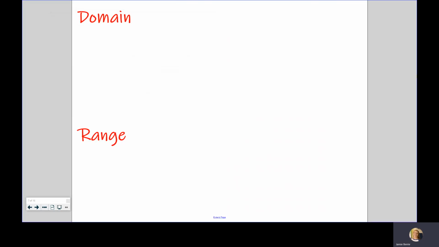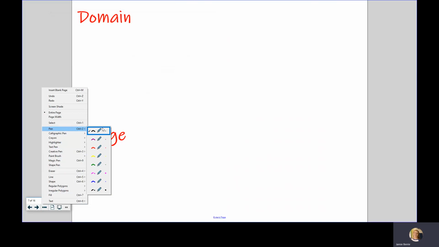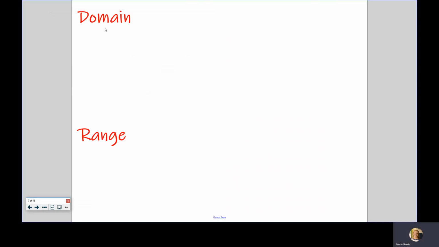So anytime we talk about functions, we typically talk about the domain and the range. The domain of a function is the set of all inputs of a function.